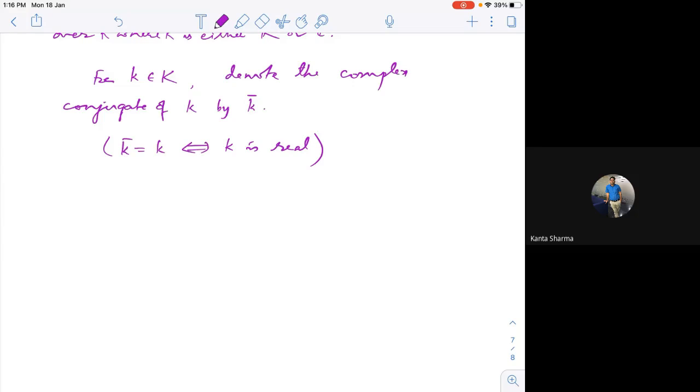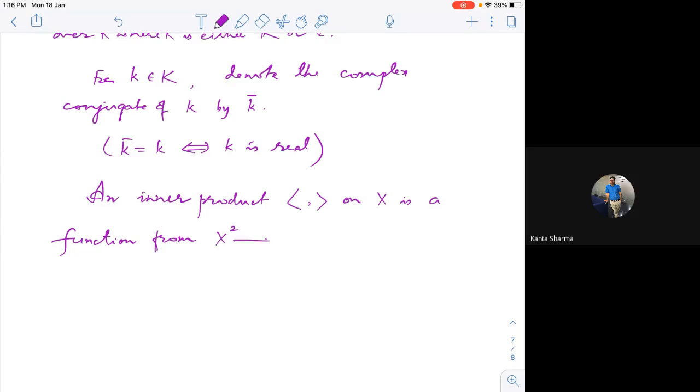So an inner product on this X is a function from X square into K, satisfying these conditions.